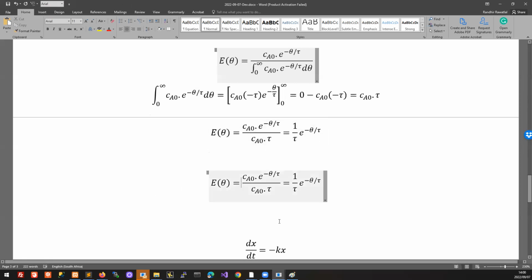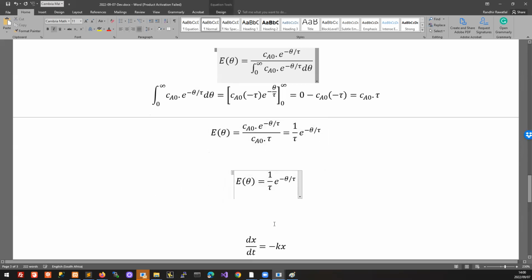So E CSTR is 1 over tau e to the minus theta over tau. Okay. Any questions or comments on that? So it's an exponential decay function, and the decay constant is related to tau. So we have proved then the exponential decay that we were looking for.